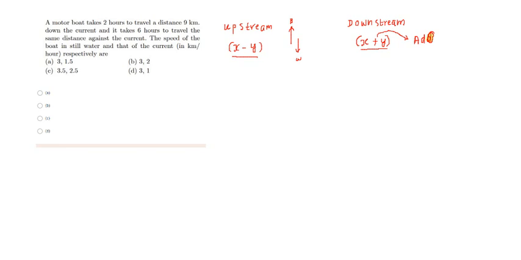And which formula will you apply? That's a normal formula that we have studied earlier. Speed into time will give you the distance. Normally the answers may be obtained from a formula or from logic or from your previous knowledge.